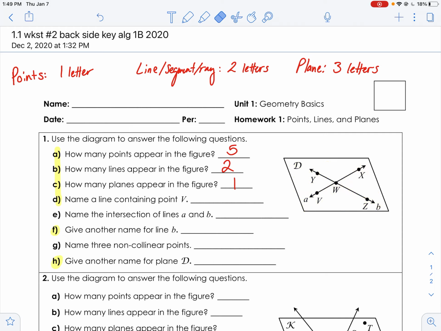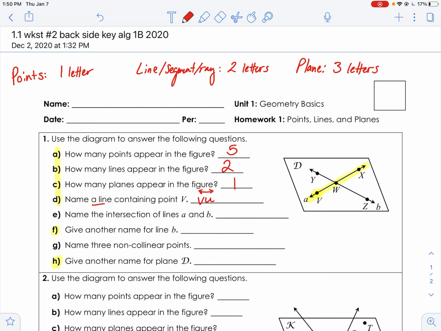Okay, now we're going to talk about naming these things. So let's name a line. If it's a line, I know I need 2 letters. I've got to have that line above it. Name a line containing point V. Where's point V? Here's point V, and if I look at the line that it's on, if I trace that all the way down there, I could name this with any pair of those 3 letters.